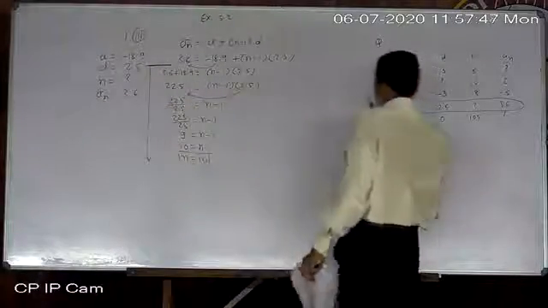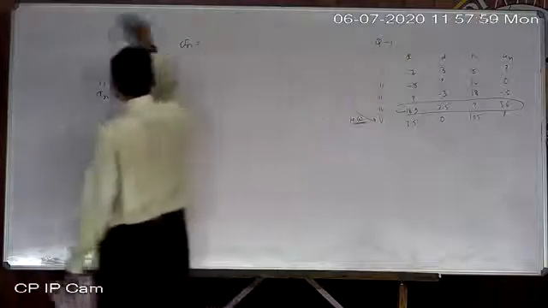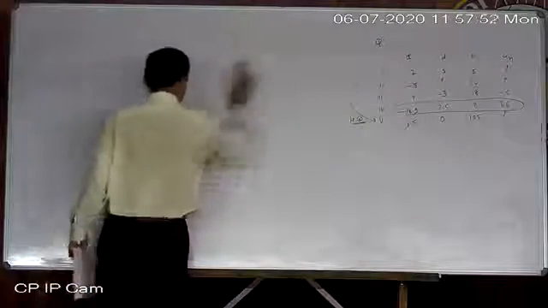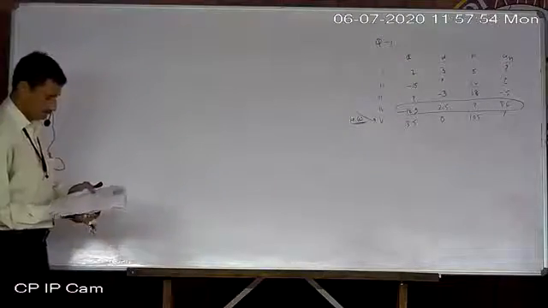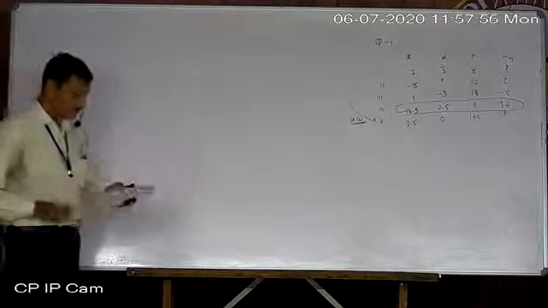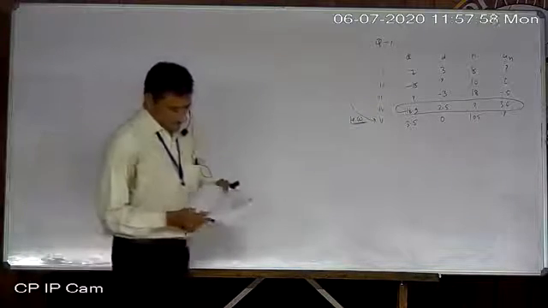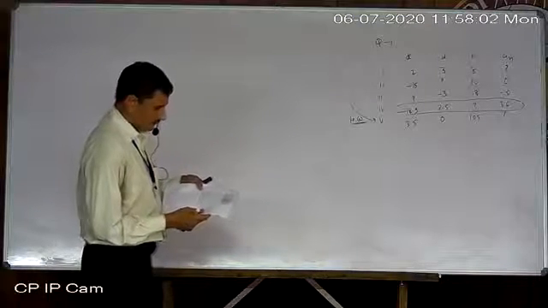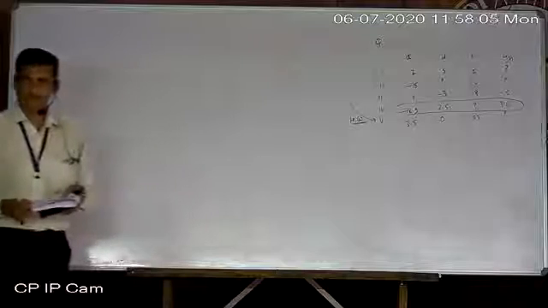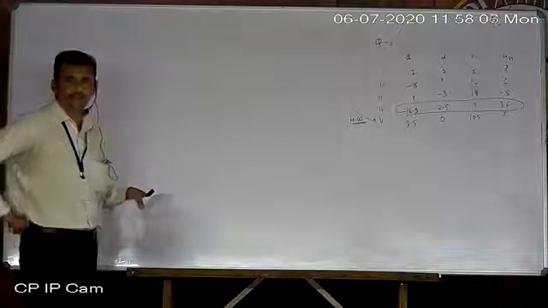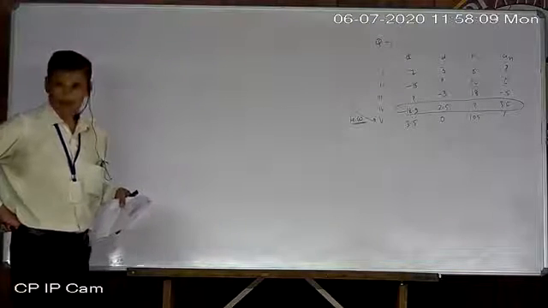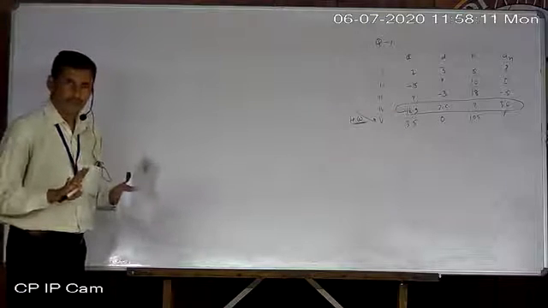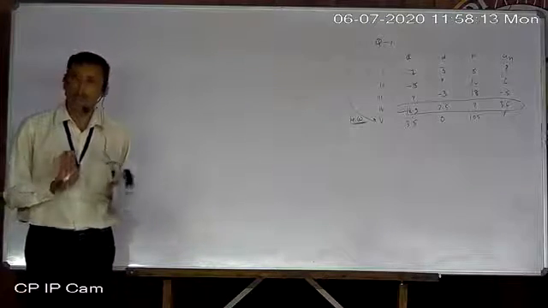Now look at main question number 2. Choose the correct choice in the following and justify. MCQs are there, but we have to justify. So calculation. Understand, it is not an MCQ.